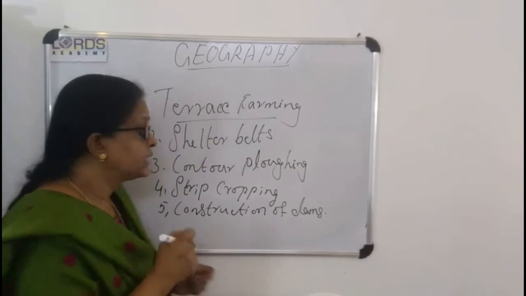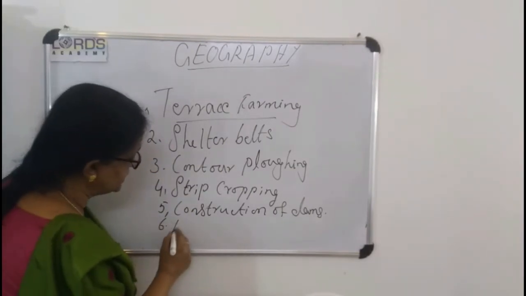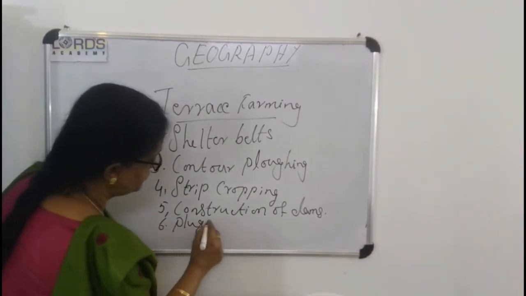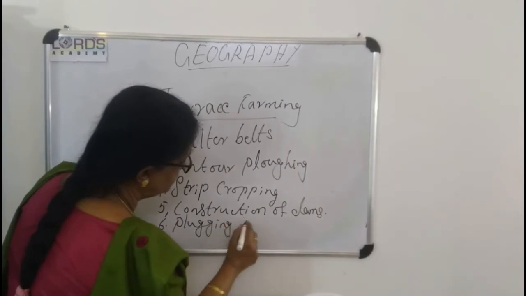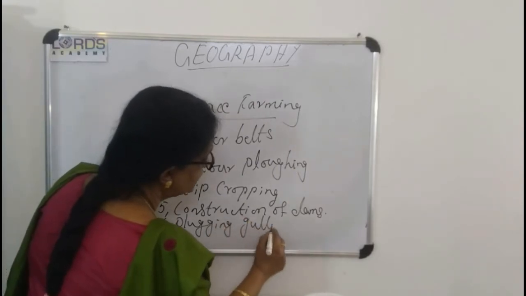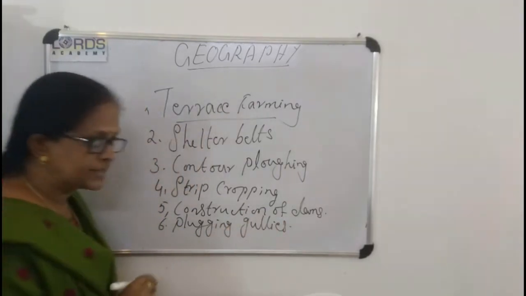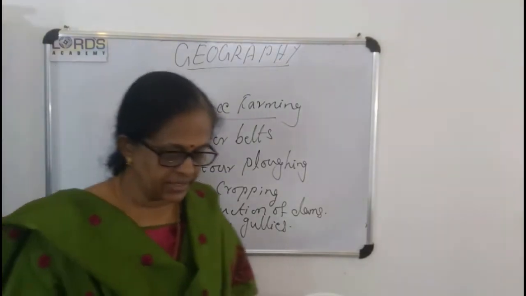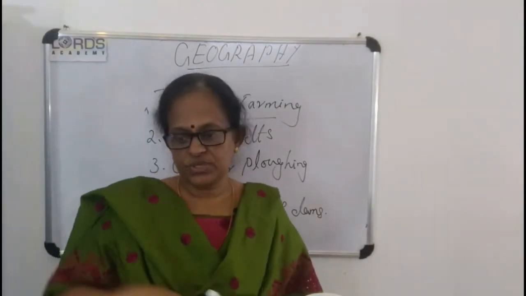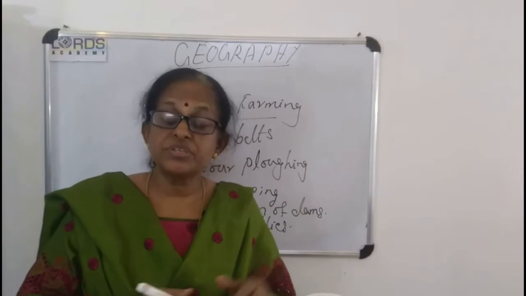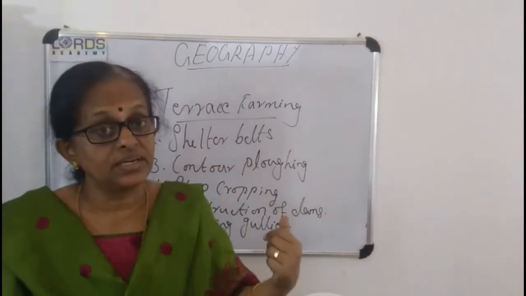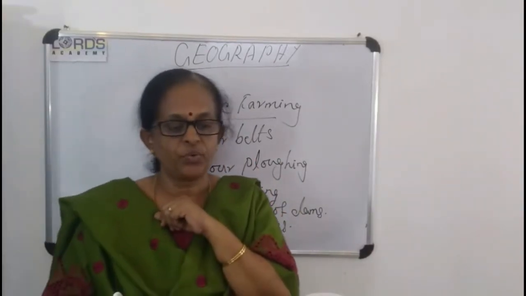Now, plugging gullies. Sixth one is plugging gullies. One, soil erosion by water. We studied gully erosion, because a gully is a deep channel. Sometimes in some places we plug the gullies to control the soil erosion. Why?